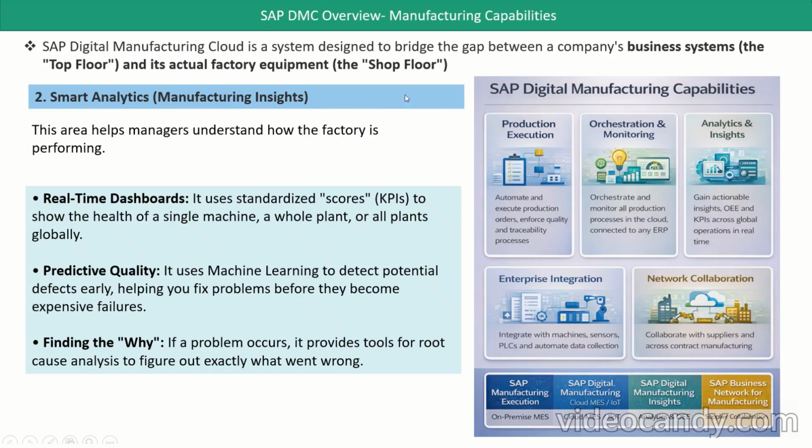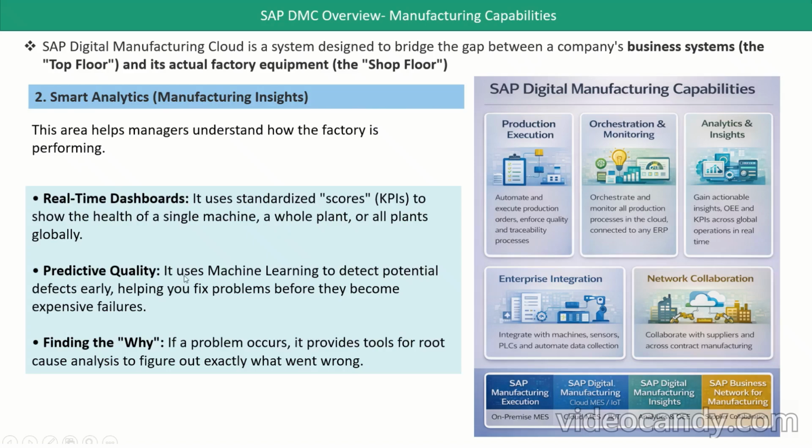So next is analytics, smart analytics, manufacturing insight, you can say. This area mainly helps to understand how the factory is performing. You can do real-time monitoring, or see real-time reporting on your manufacturing processes. With real-time dashboards, you can configure the KPIs and create your real-time dashboards to monitor.